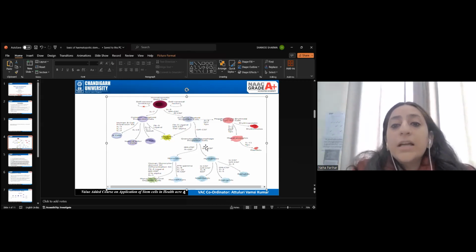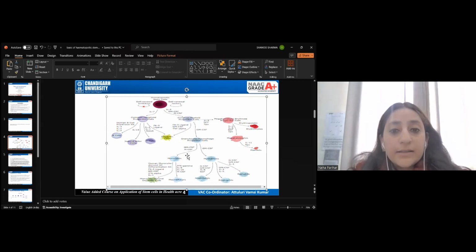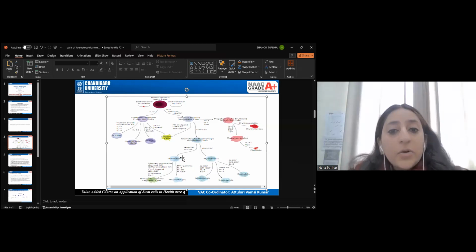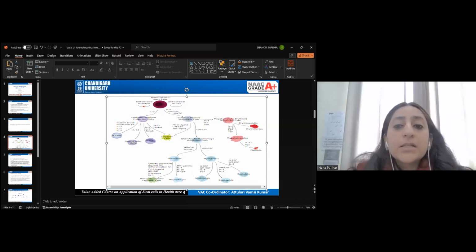When granulocyte macrophage progenitor cells are formed, they have some clonal stimulating factors which give rise to monocyte and myeloblast. Monocyte is the series in the agranulocytes, and myeloblast is the series in the granulocytes. I think you are all aware of the granulocyte series and agranulocyte series.